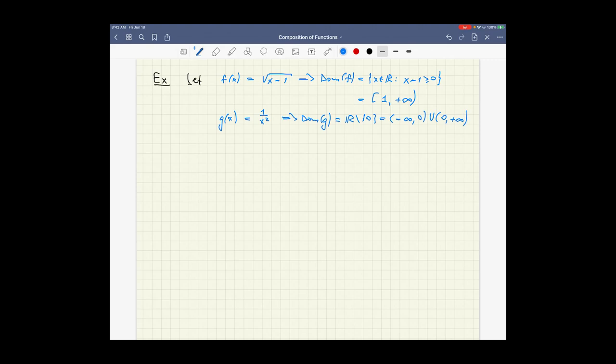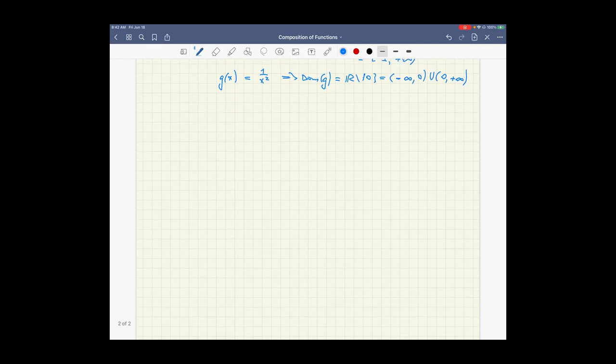So let us see if we can compose f with g and g with f. Right?